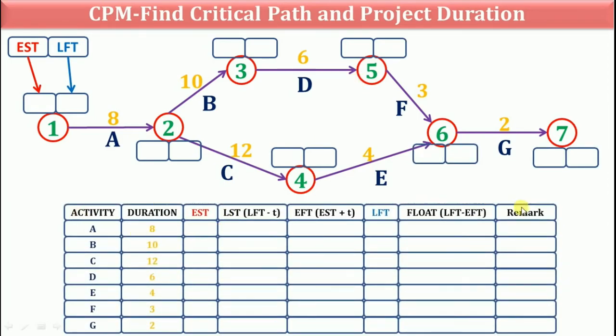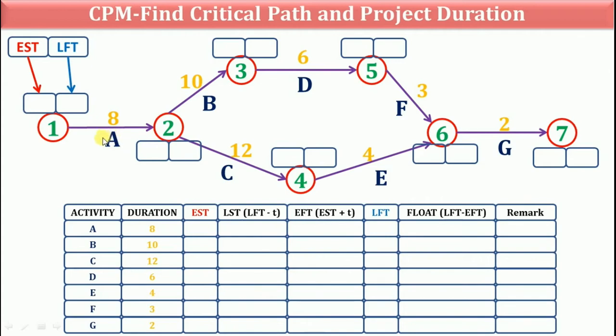Then draw one table. Here write down all the activities in the sequence and their duration. From the network diagram, we have to find EST and LFT, which we will write in these 2 boxes. Once EST and LFT is known to us, we can easily calculate LST and EFT by simple arithmetic.